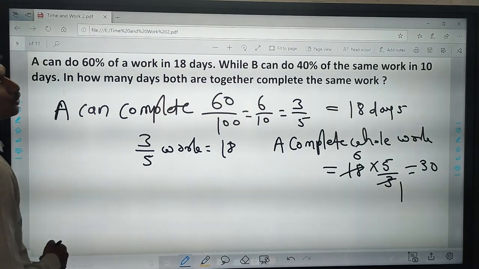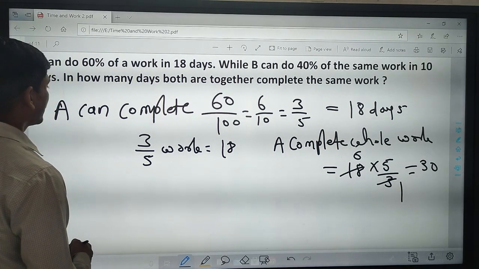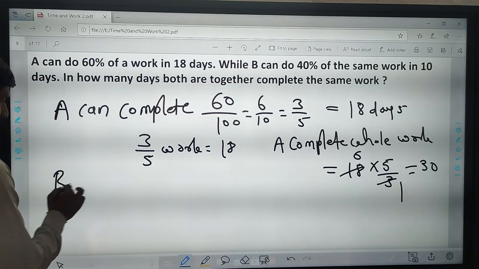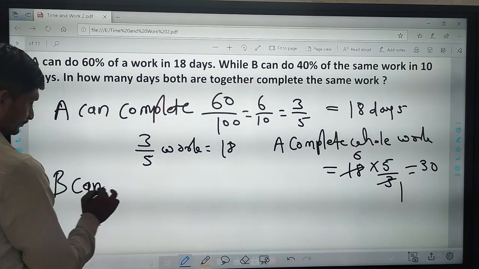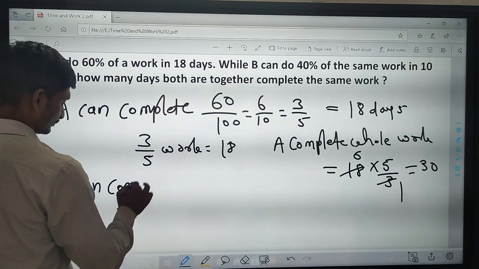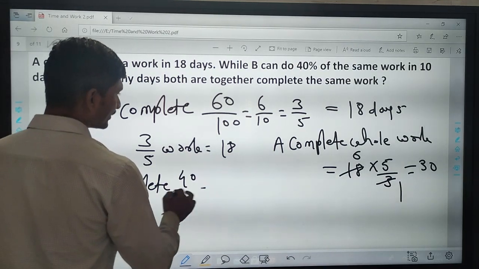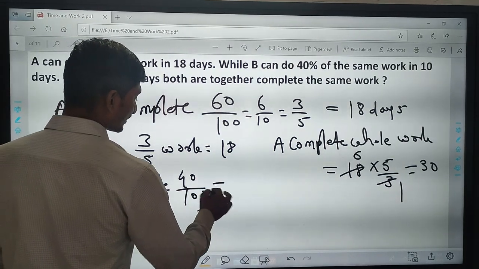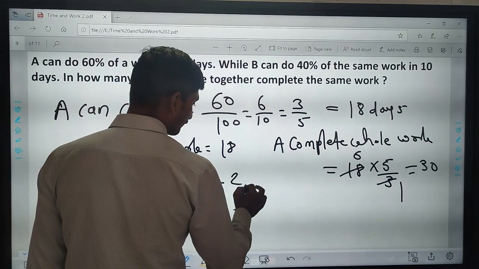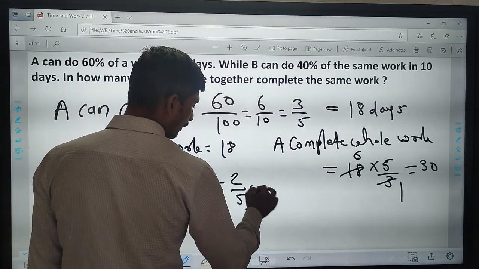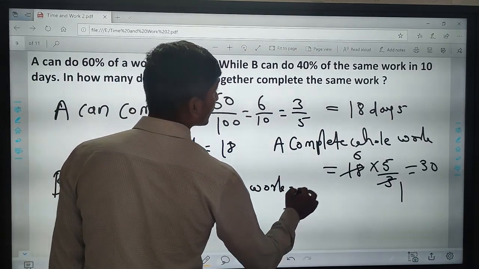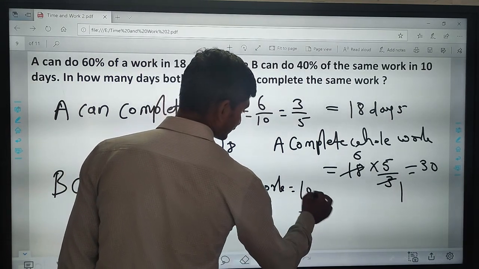Here B can do 40% of the same work in 10 days. 40% means 40 divided by 100, that is 2 by 5 of work in 10 days.